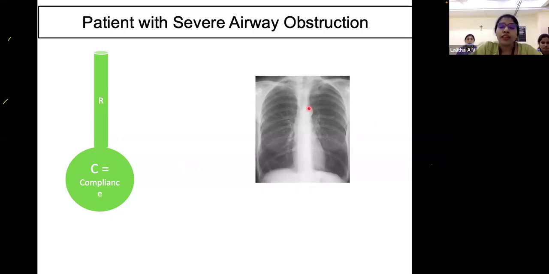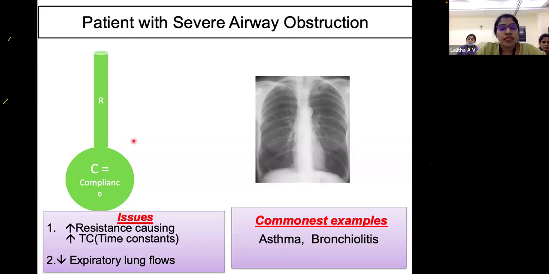The lungs, alveoli are in fact hyper-aerated, but there is a problem with the resistance, that is the airway related problem. There is increased resistance, increased time constant, and exhalation is what is prolonged or affected. The commonest examples are bronchial asthma or children with bronchiolitis.